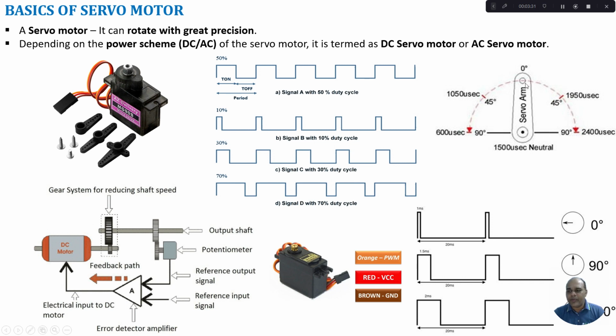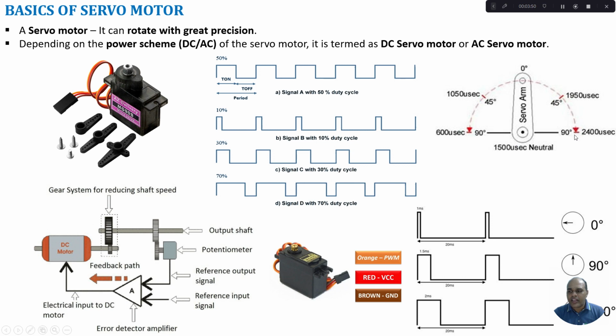For example, here I have a 180-degree movement servo motor, and here we have shown a shaft. If my on time is 600 microseconds, then the shaft moves to minus 90 degrees. If my on time is 1500 microseconds, the shaft moves to 0 degrees.